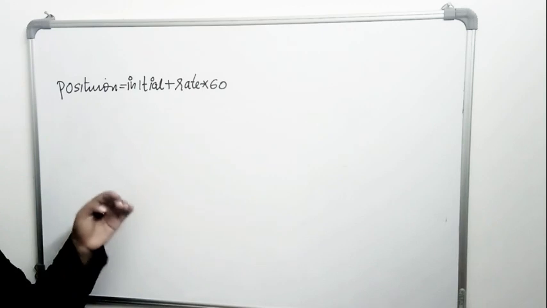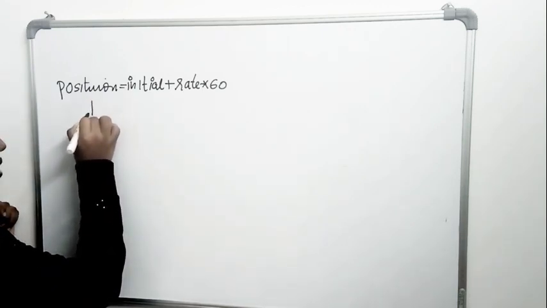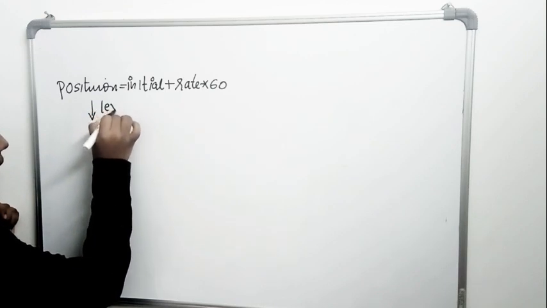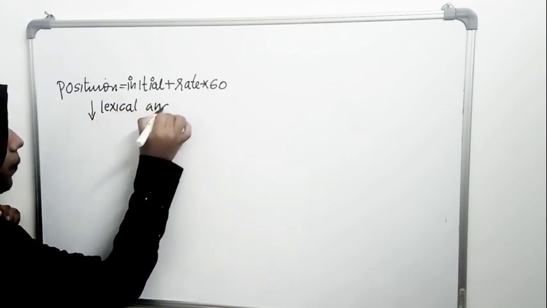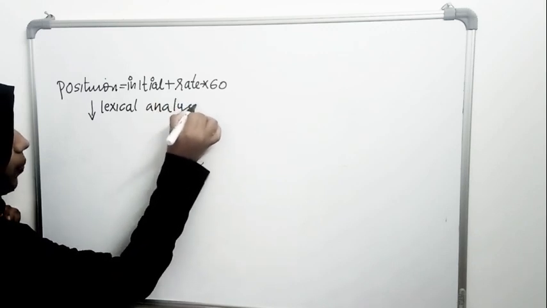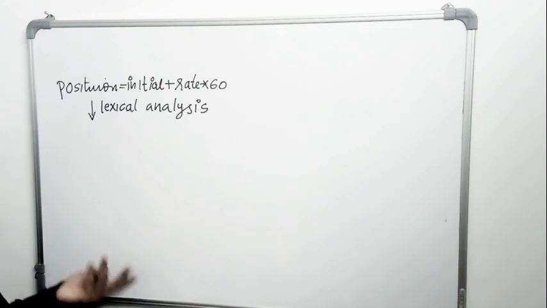As you know, first this will be passed on to the lexical analysis phase. So we are applying lexical analysis on it. As you can presume, after lexical analysis, we'll be getting a stream of tokens.